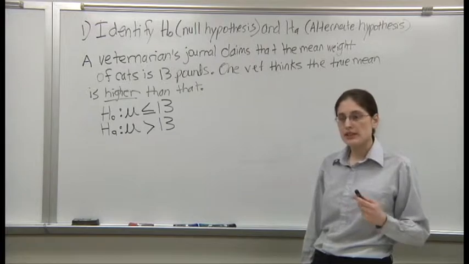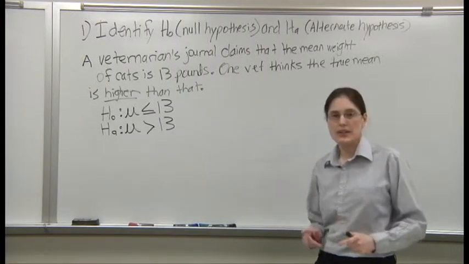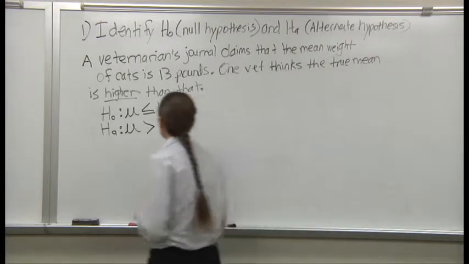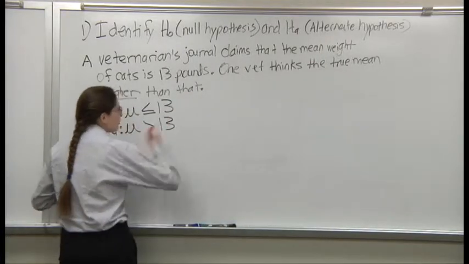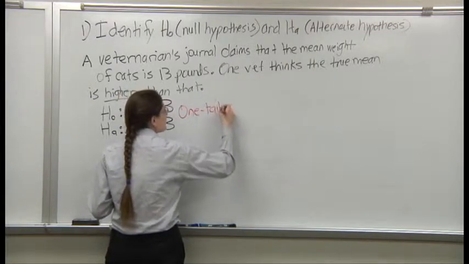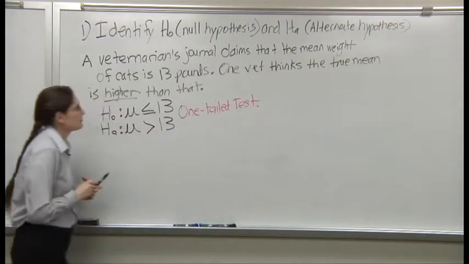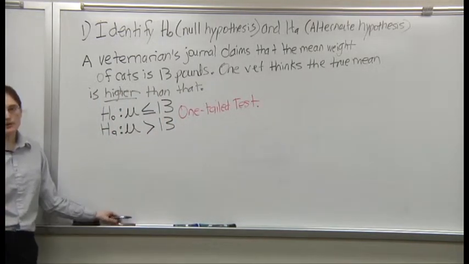She doesn't just think the claim is wrong, she thinks the real number is higher. This makes it what's called a one-tailed test. So that's step 1.